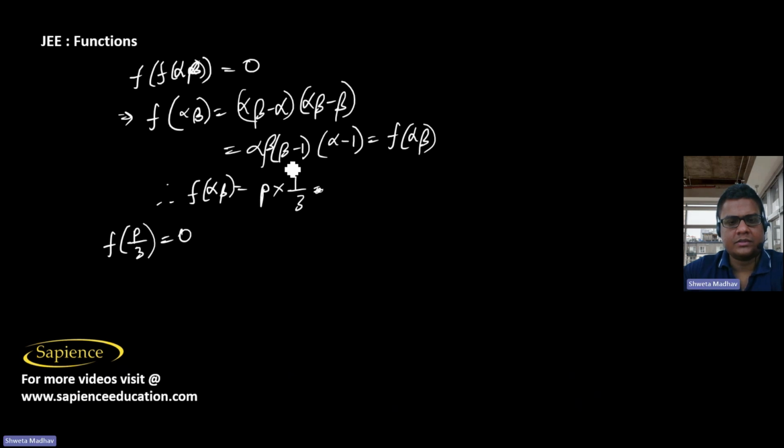Which is p by 3. It means f of alpha beta by 3 is equal to 0.